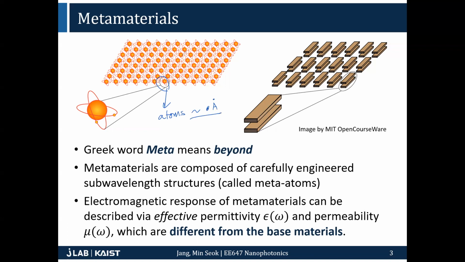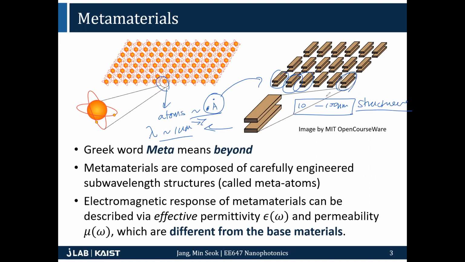As I probably mentioned earlier, if you compare the size of an atom with the wavelength of the electromagnetic wave we are interested in, which is about 1 micron, it's much, much smaller than the wavelength. It's too small compared to the wavelength, so we can fit in some larger object, much larger than an atom, but still much smaller than the wavelength of light. Let's say you can think of a structure of a few 10 to 100 nanometers, right?